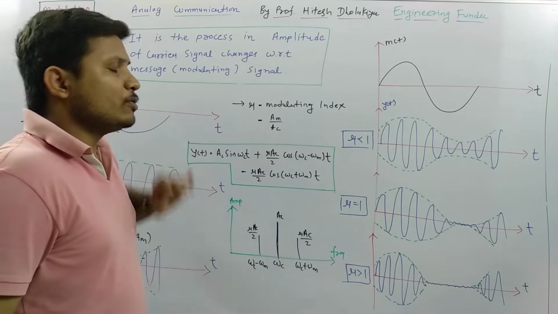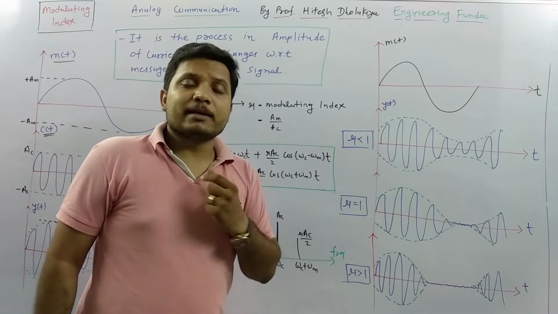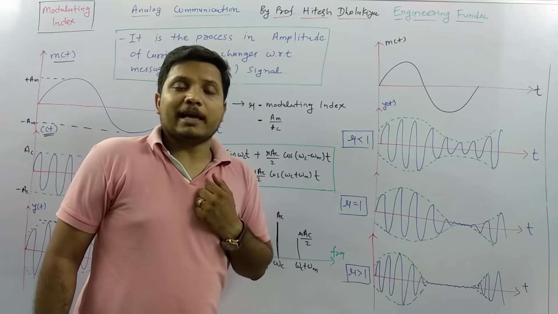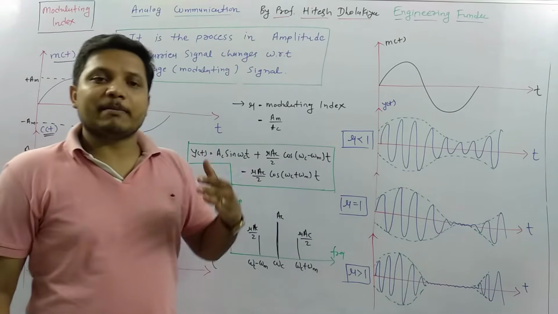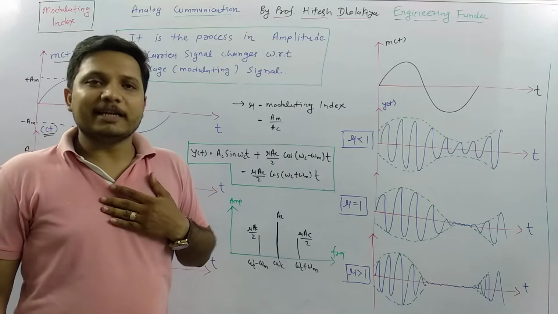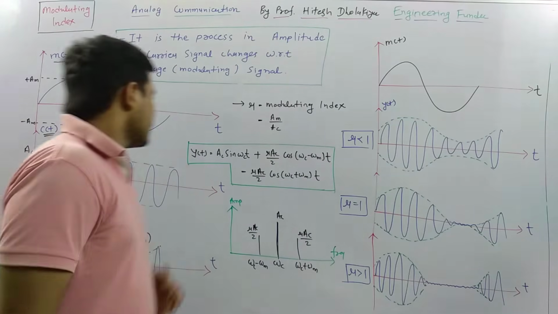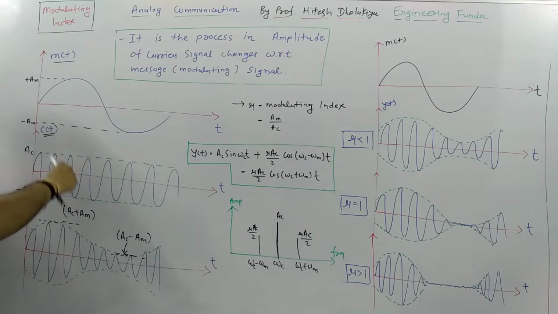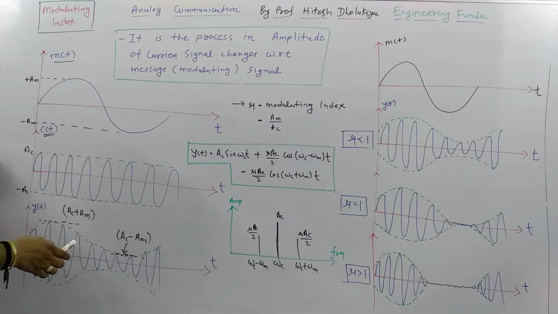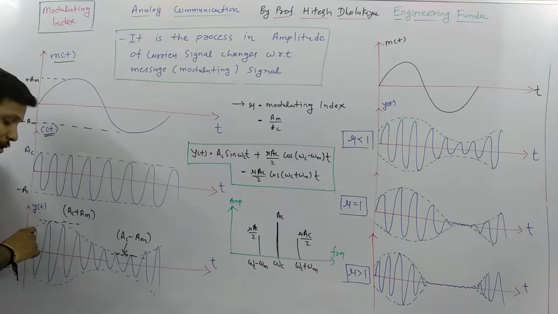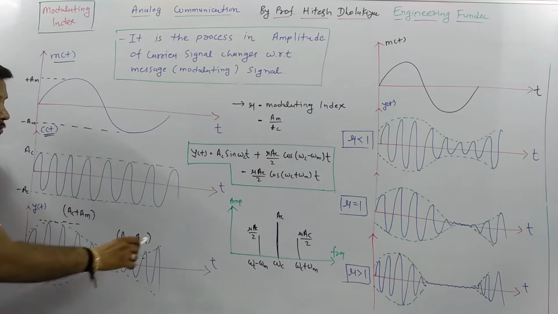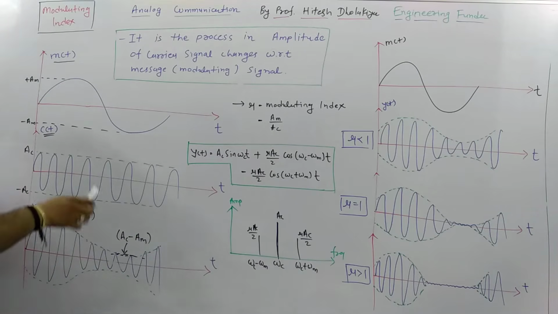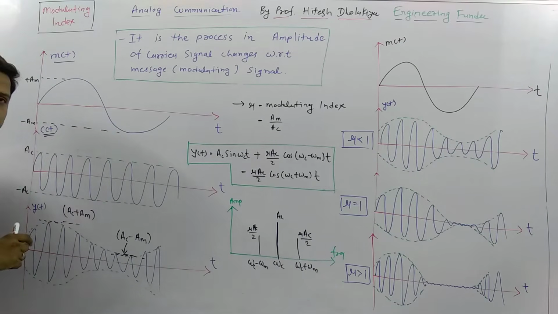Now as I have told you in the last session, modulating index plays a very important role in amplitude modulation, so I have made this separate session for understanding it. If you have an input signal like this and a carrier signal like this, which is high frequency compared to the modulating signal, then in amplitude modulation the output varies with the modulating signal, where the amplitude of the carrier signal is getting changed.